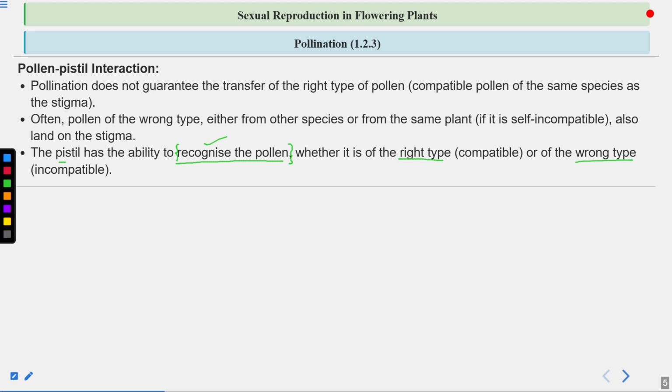The pistil has a part that is the stigma on which the pollen grain comes and rests, right? So these proteins and chemicals secreted by the stigma help to recognize the right type of pollen, and the right type of pollen is the compatible one, the one that has a different allele from the one in the pistil part, right? Just now I have shown that with the help of a diagram by drawing it, right?